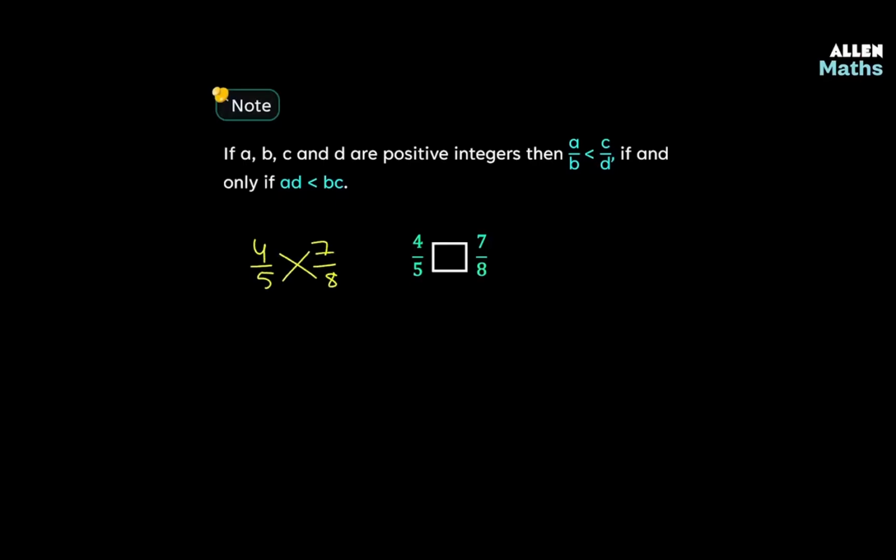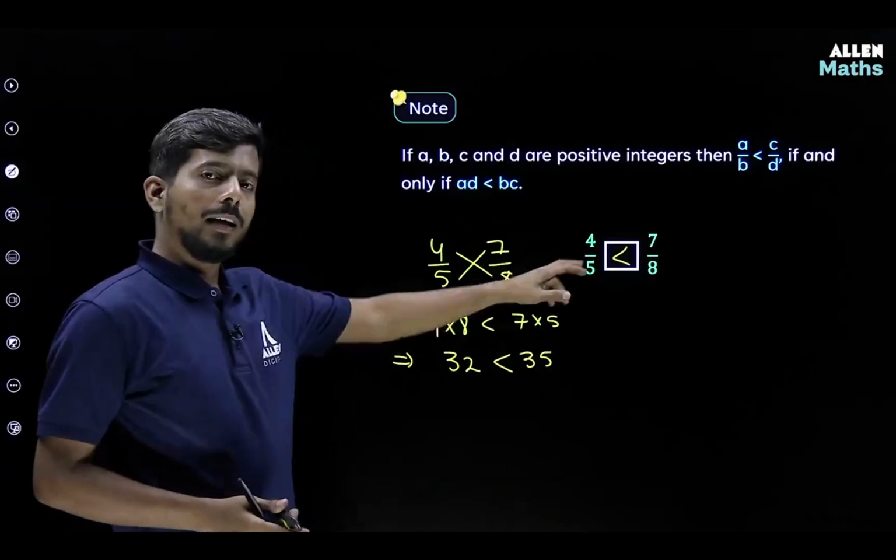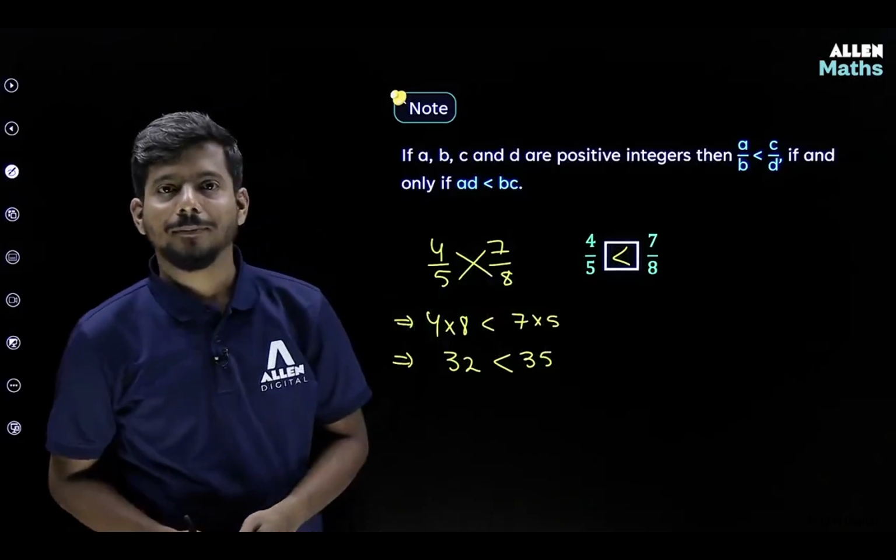We have to do the cross multiplication. So here we have 4 times 8, and here we have 7 times 5. We'll get 32 and 35. We know that 35 is greater. So the side with the greater number will have the greater rational number. So 7 by 8 is greater than 4 by 5.